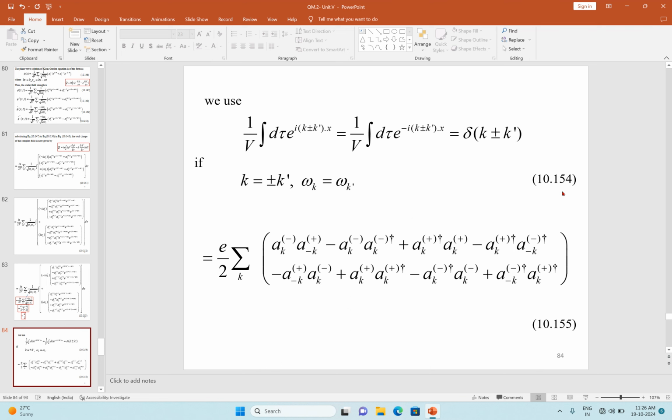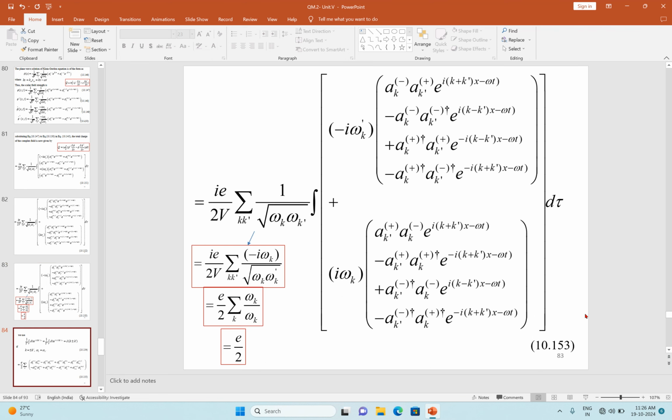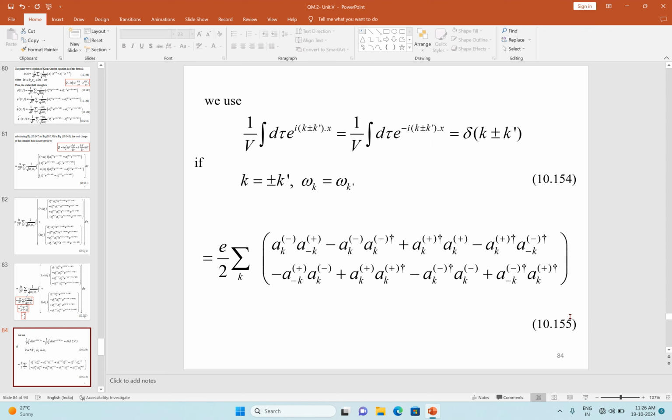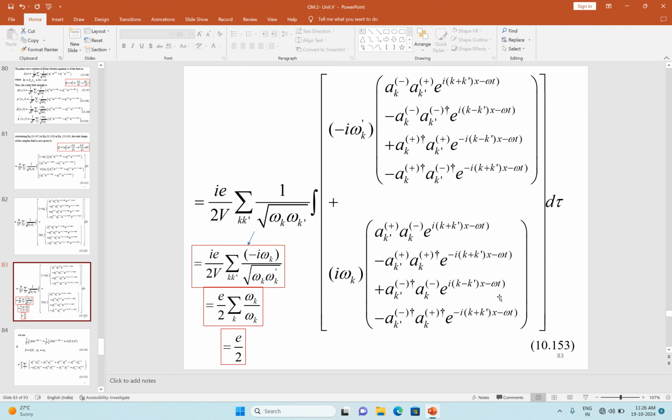So now the equation 10.153 becomes 10.155. Is it okay? Now we will see one by one.